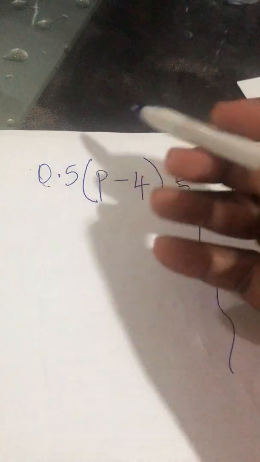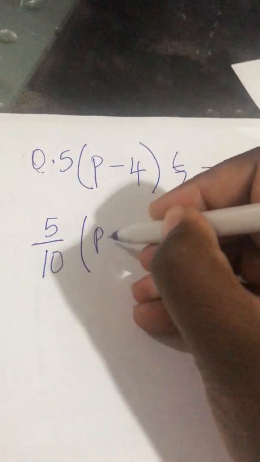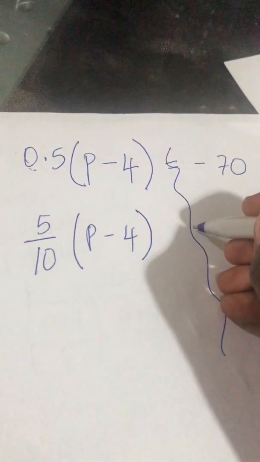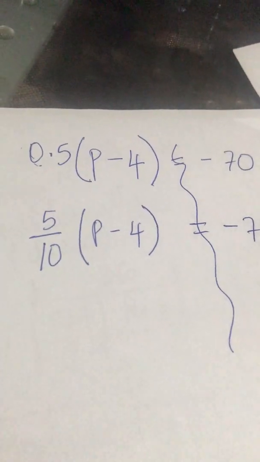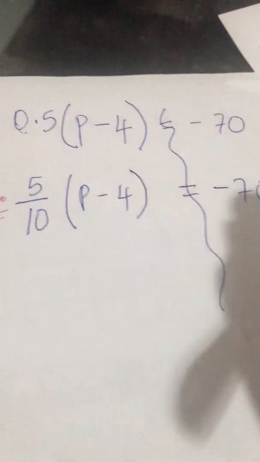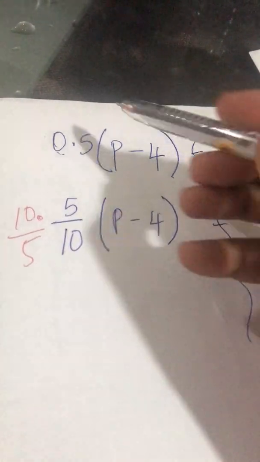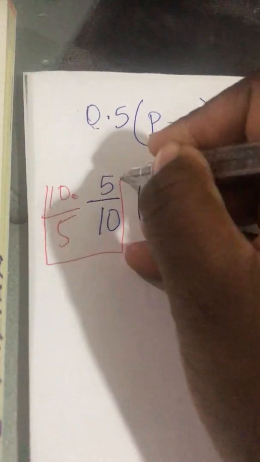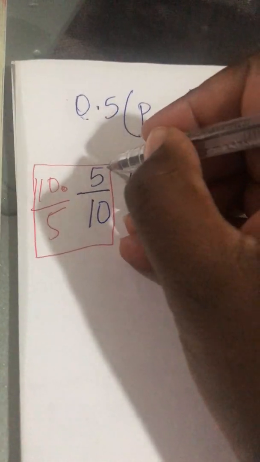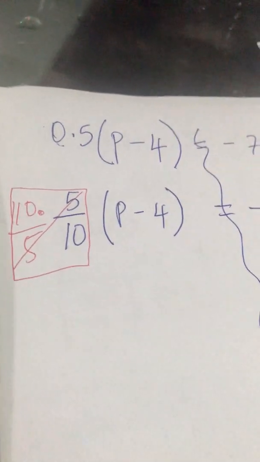I can write this as a fraction. 5/10 P minus 4 equals negative 70. And then I can do multiplicative inverse, 10/5. Remember, this is 5/10, so 5 out of 10. I told you, you have to know how to read and write decimals as fractions like that. We learned in term 1.